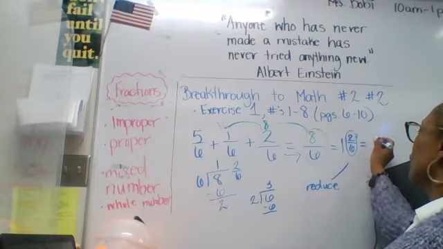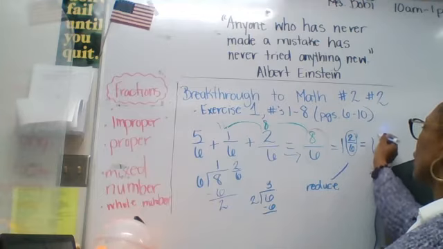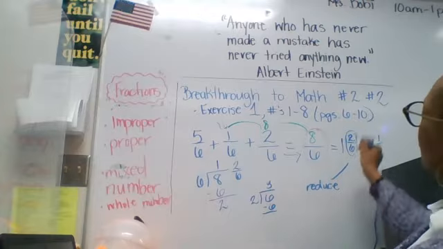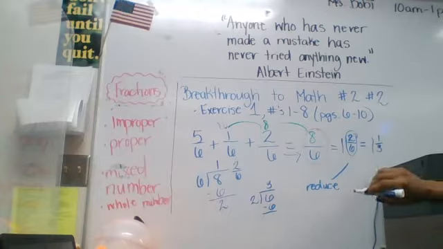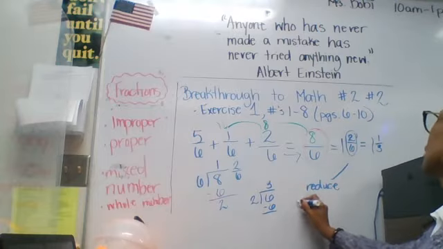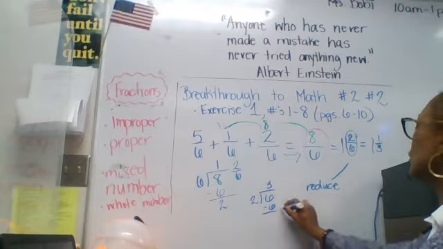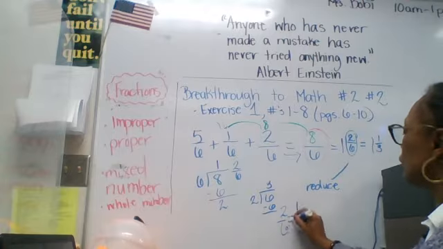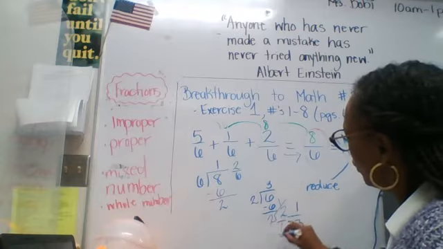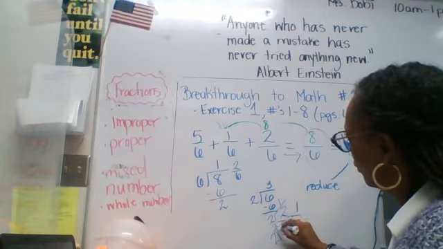1 and 1 third. Yes. Why? Because that 2 divided by 2 is 1. 6 divided by 2 is 3.